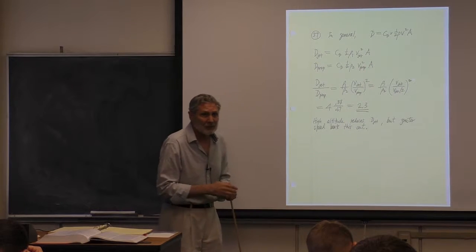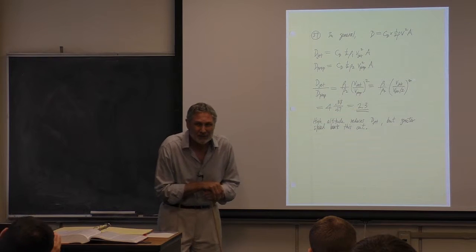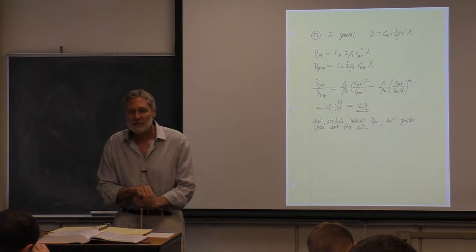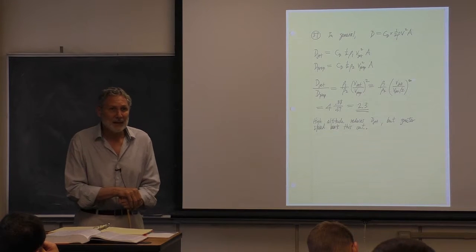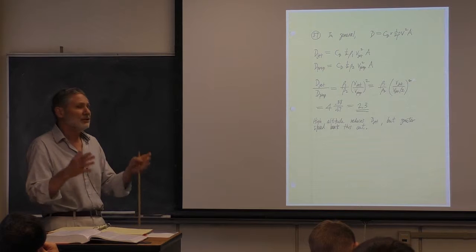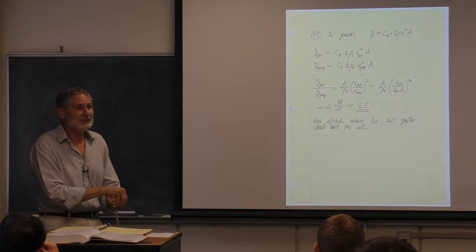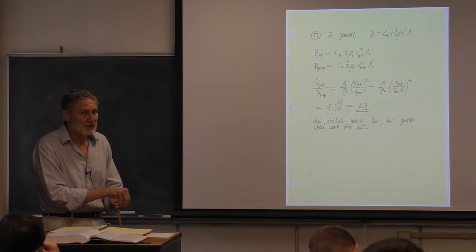However, in this problem, what are we going to assume about the velocity dependence of the drag coefficient? I don't know if they carefully state it here, but it happens a lot in practical problems that you're in a regime where the drag coefficient is independent of velocity. All right, remember that?